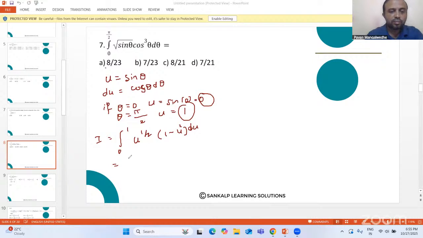Then it is the integral from 0 to 1 of u raised to half minus u raised to half into u square, which can be written as the integral from 0 to 1 of u raised to half minus u raised to 5 by 2, why?